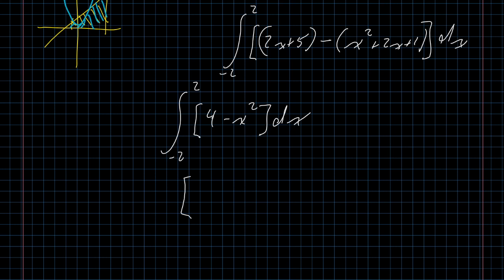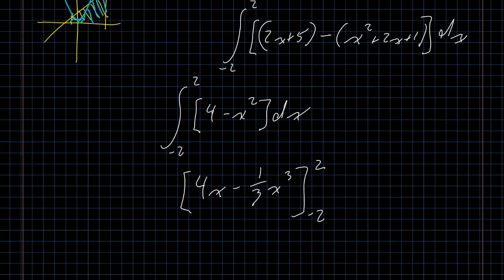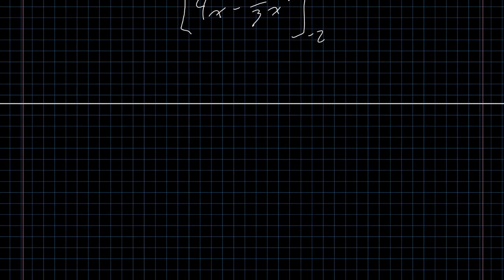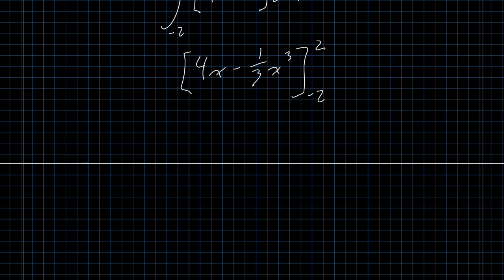You're going to have 4x, you're going to have 1/3 x cubed. You're going to evaluate at the limits of integration, -2 and +2. All right, plugging in the upper limit of integration, 4 times 2 is 8. 2 cubed is also 8. So we've got 8 minus 8/3.